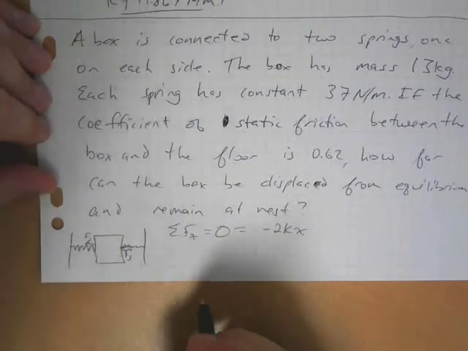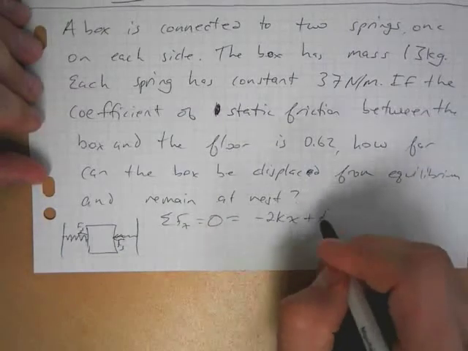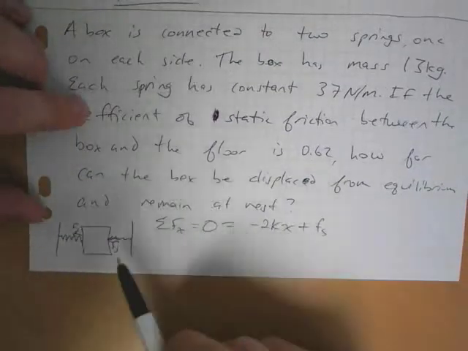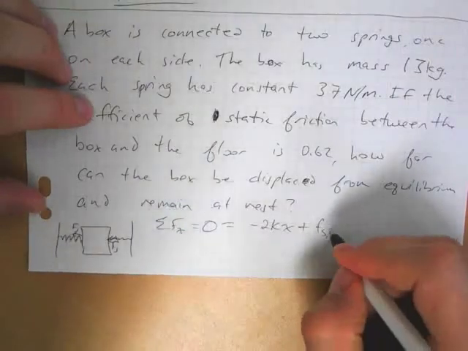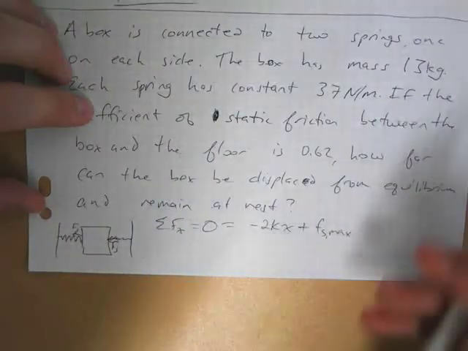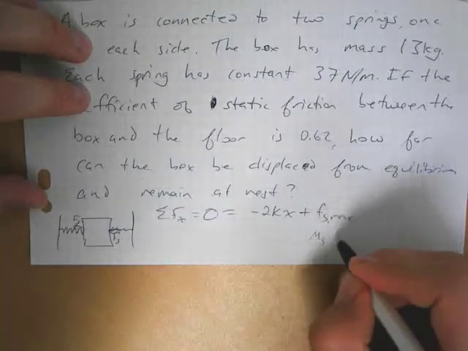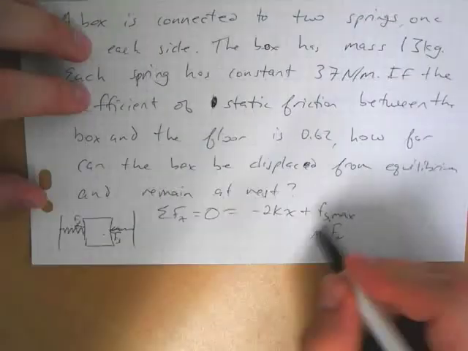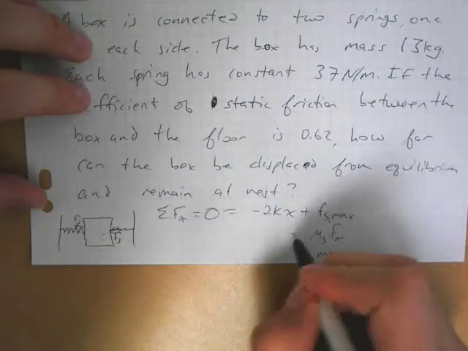Now, how far can it be displaced from equilibrium and still remain at rest? We're looking for the furthest distance, which means we're looking for the maximum. We want to hit that maximum value of static friction, which is mu sub s times normal force. In the vertical direction, there's only normal and gravity, so this is mu sub s times mg. And so we can say that 2kx equals mu sub s times normal force, which is equal to mu sub s times mg.